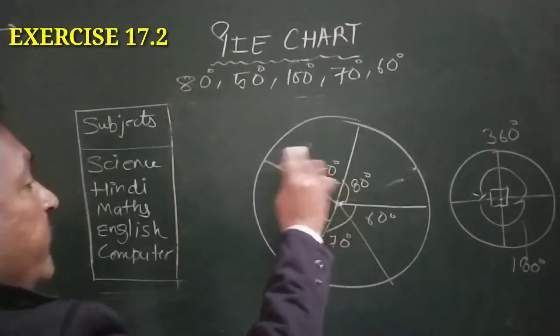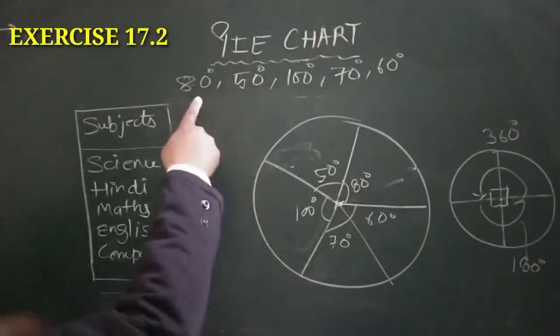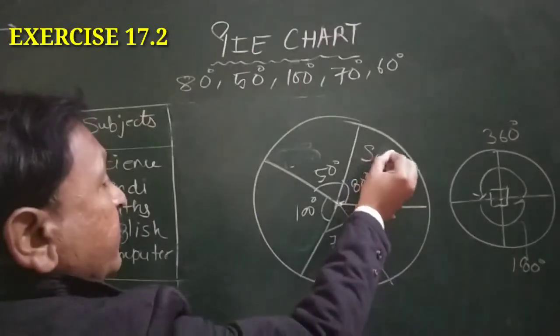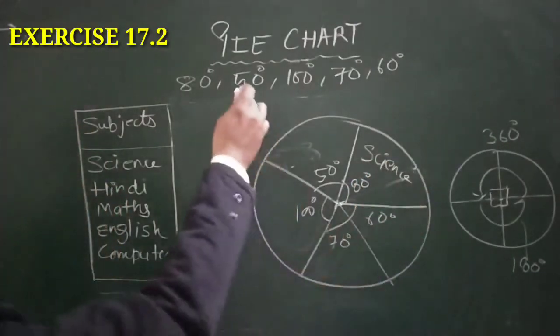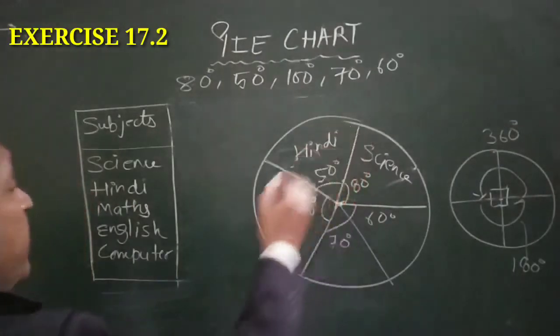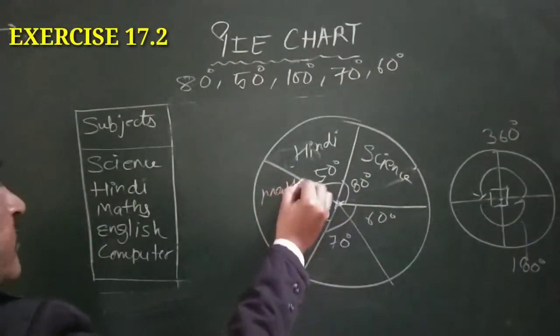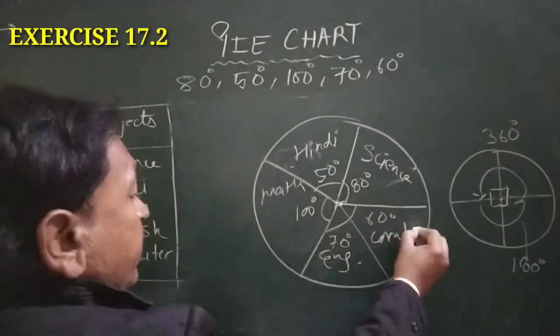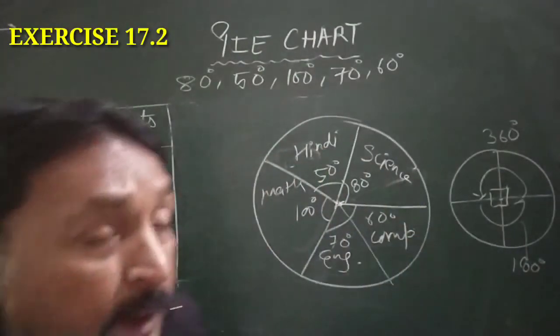After doing this, what we have to do is write the names. 80 degrees represents science, so write it here, science. 50 degrees represents Hindi, so write it here, Hindi. In the same way, maths, here English, and then your computer. Is it clear how to make a pie chart?